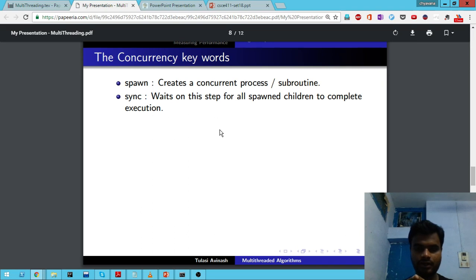It creates a process from the main process, which executes itself independently. We can think of it as a thread. So there is a main thread, and we spawn a subthread. And sync is the point where we wait for all the subthreads or sub processes to finish execution, so that we can come to a conclusion and get the final answer.